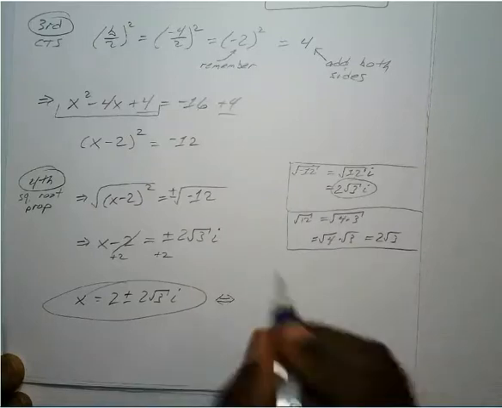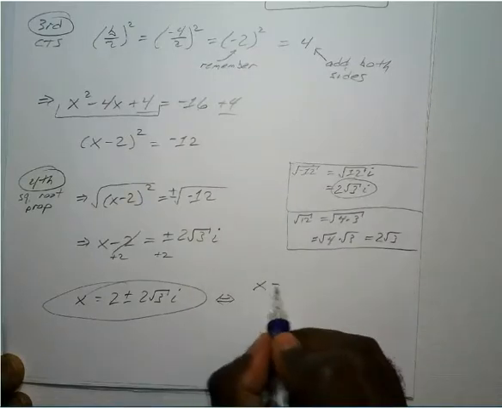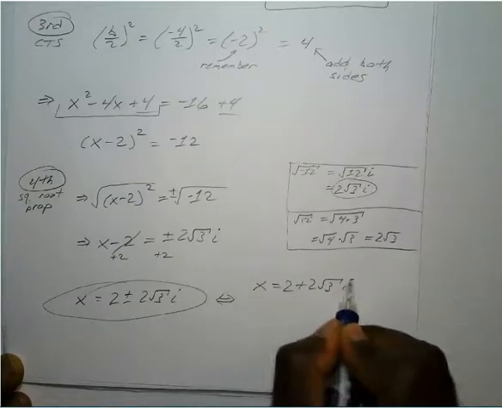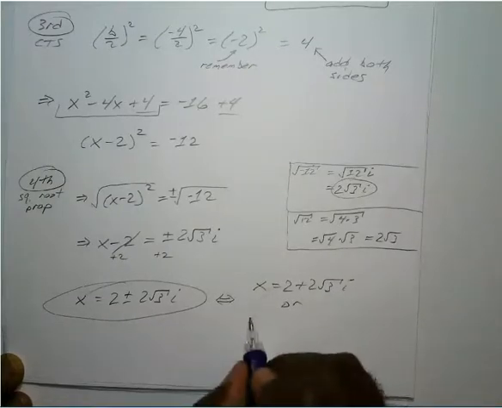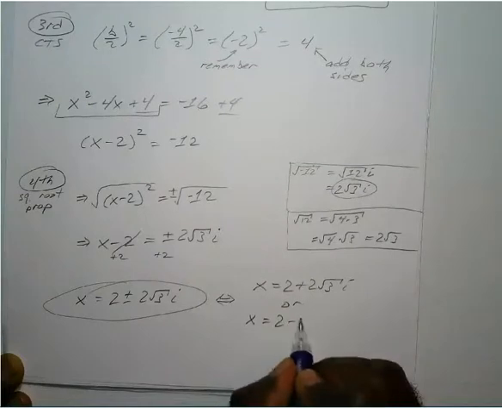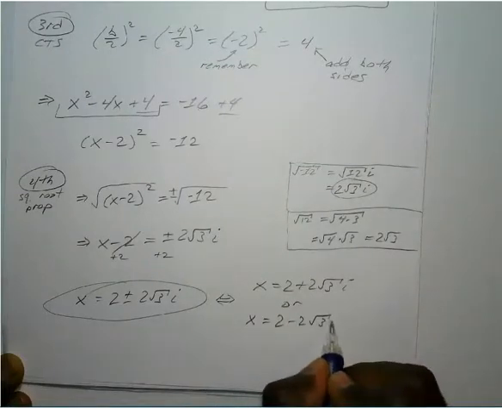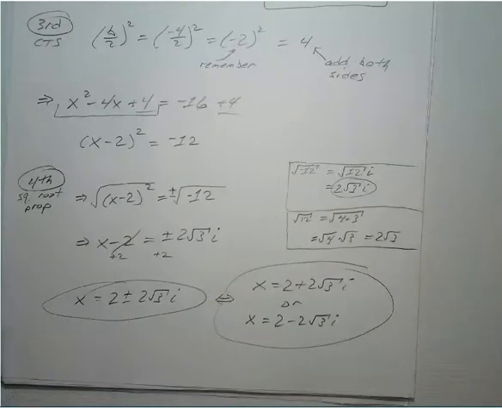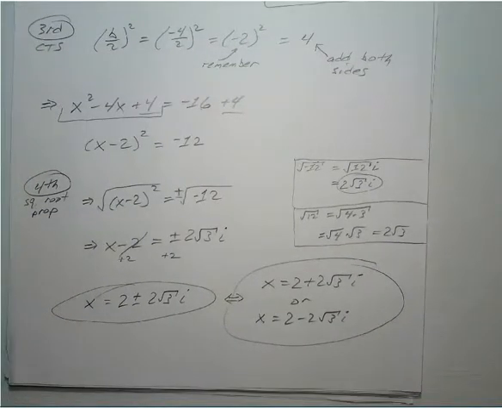Or if you want it as 2 separate equations, x can equal 2 plus 2 square root of 3i, or x can equal 2 minus 2 square root of 3i. Okay, so either one of those would be an acceptable answer, again, just depending on how they want it formed.